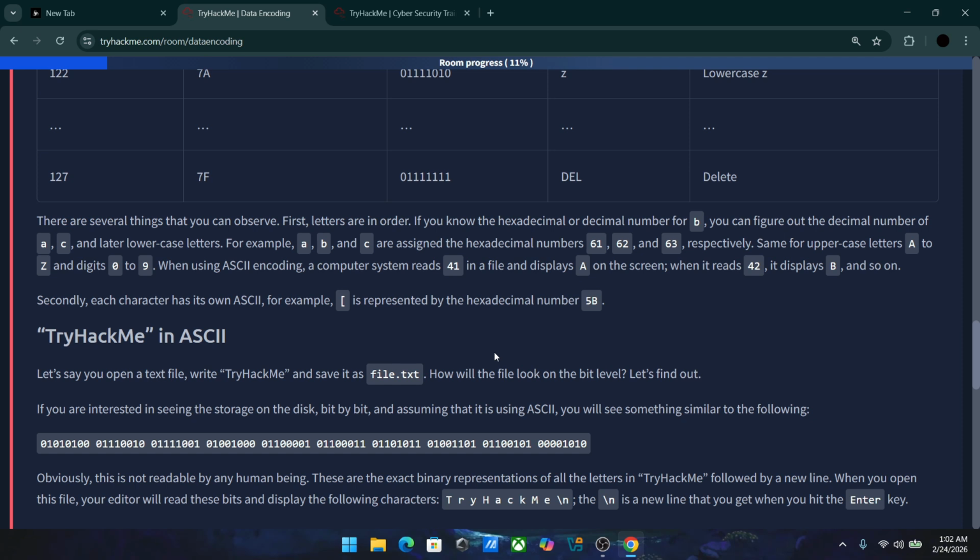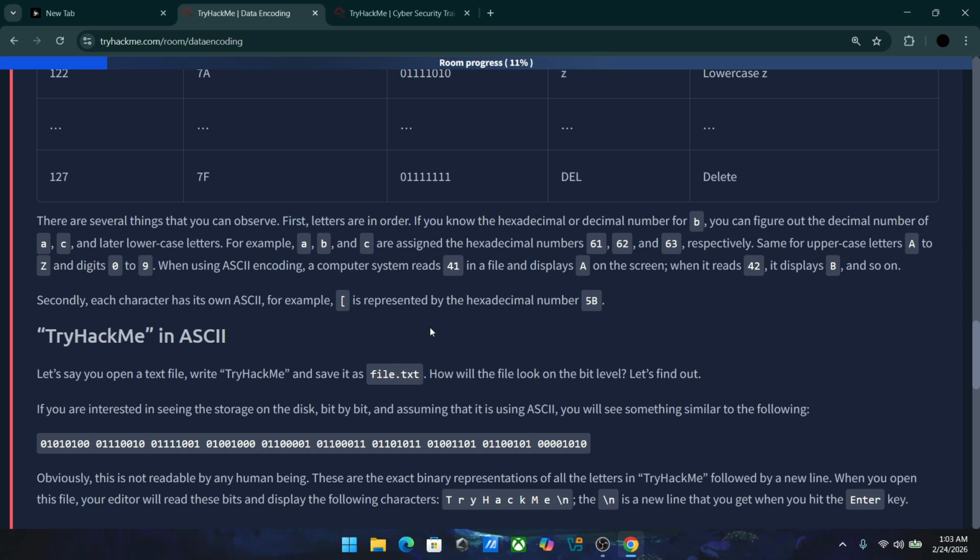When it reads 42, it displays B, and so on. Secondly, each character has its own ASCII code. For example, a bracket is represented by the hexadecimal number 5B. Let's go from the start. There are several things that you can observe. First, letters are in order. If you know the hexadecimal or decimal number for B, you can figure out the decimal number of A and C and the lowercase letters. For example, A, B, and C are assigned the hexadecimal numbers 61, 62, and 63 respectively.